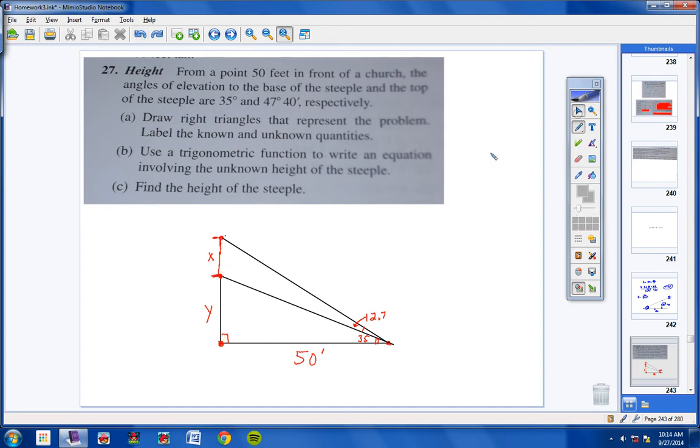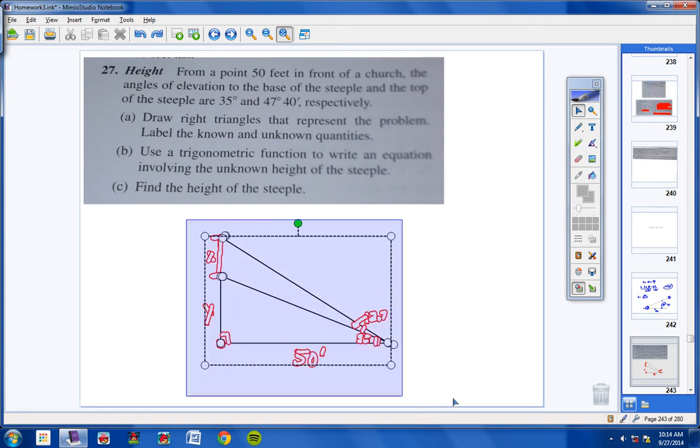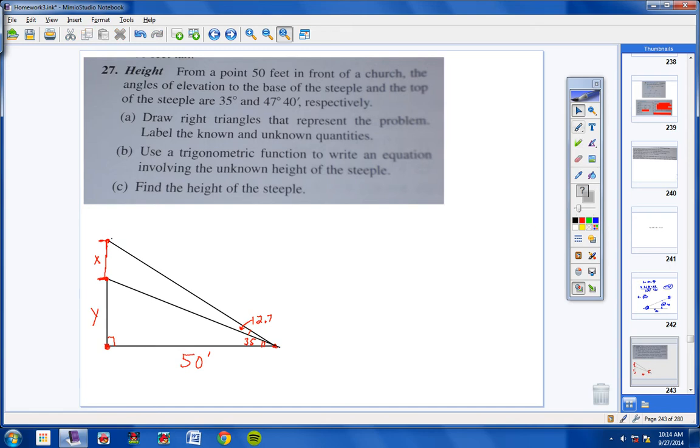So let me quickly create a little space here, move this over to here, and let's draw our two triangles. Here's my little triangle, and here's my bigger triangle. My little triangle would have a y here, a 50 here, and 35 degrees here.